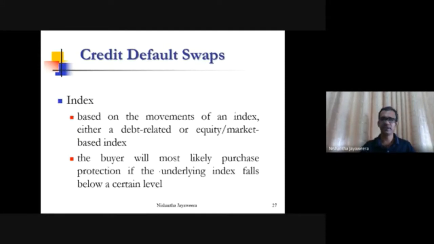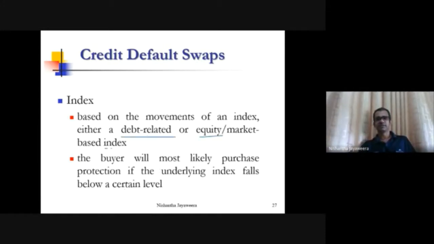In the next one, the index, instead of a single asset, it will be an index. This is a broader one. This may not concentrate on a particular firm. This may be a collection of firms. So it can be a debt-related or equity-related index.